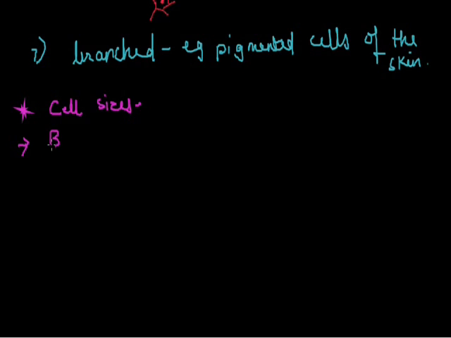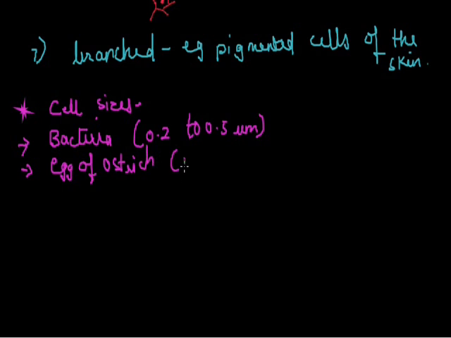Bacteria can be of the size of 0.2 to 0.5 micrometer, and cells can even be as large as the egg of an ostrich, which is 18 centimeter in diameter. So the cell sizes vary from very small to a very large size.